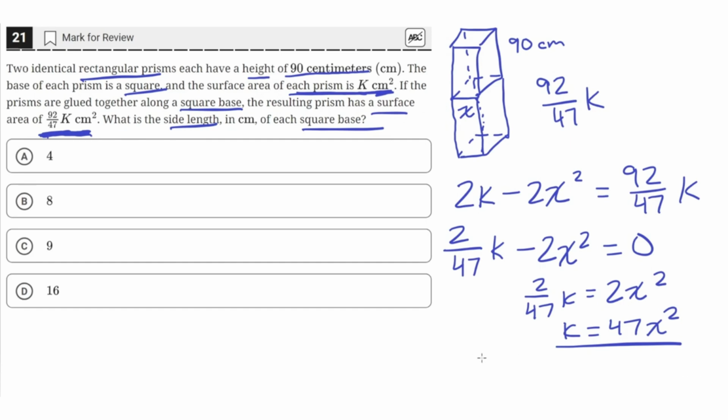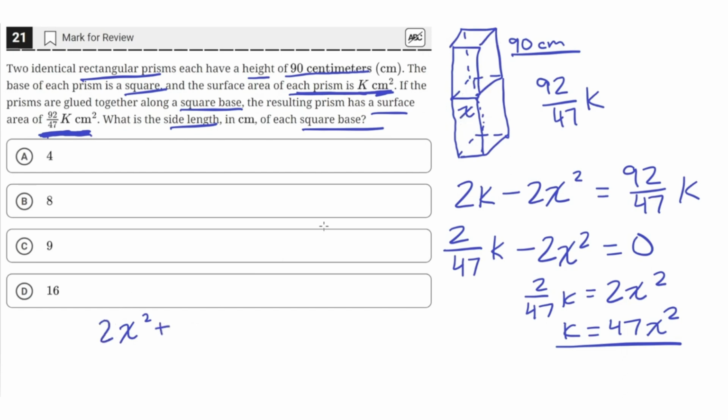But we can also express the surface area using x's and this 90 centimeter height right here. So the surface area of one rectangular prism is the area of the base, which is x squared, but there are two of them, one at the bottom down here and then one at the top. So we'll just multiply this by 2.